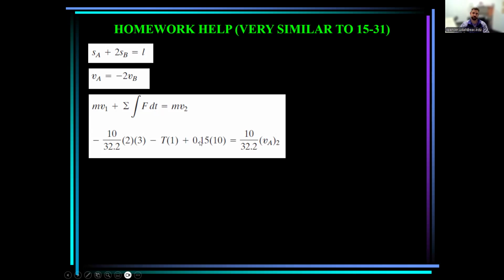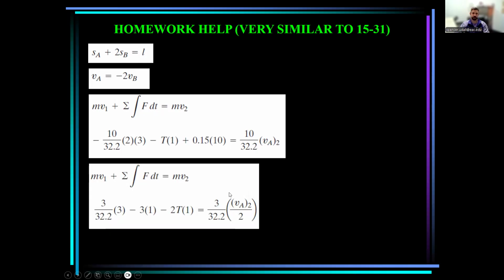But that would be our friction force also acting over 1 second. So those are our two forces acting on it, equals the final momentum of A, which would be the mass again, times velocity 2. Okay. So that is our final velocity. We'll find out if that's going to be positive or negative.